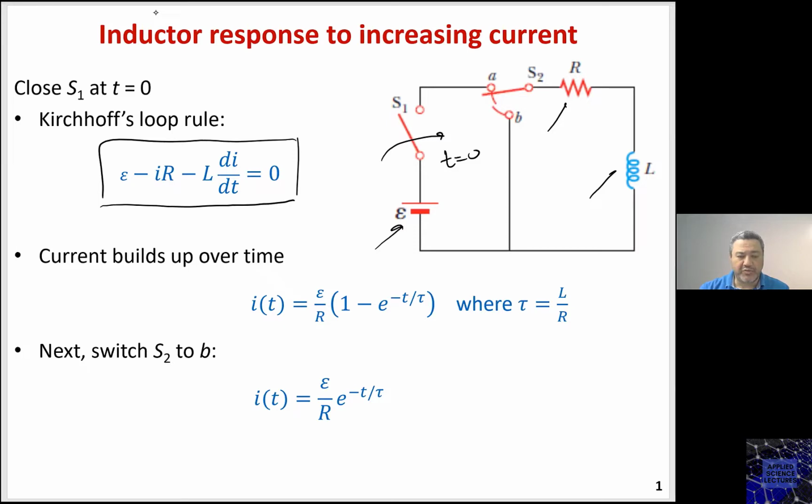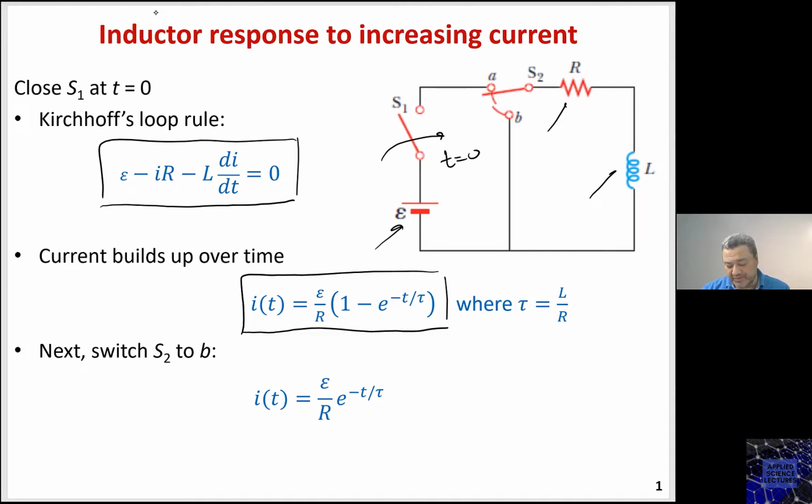We're not going to go through the derivation of the current function for the case of the inductor in a circuit where the current is increasing. So this is the current expression for an inductor that is seeing an increasing current.